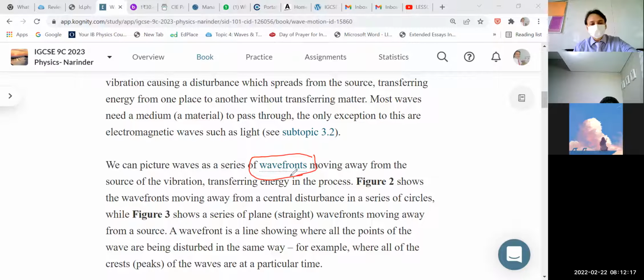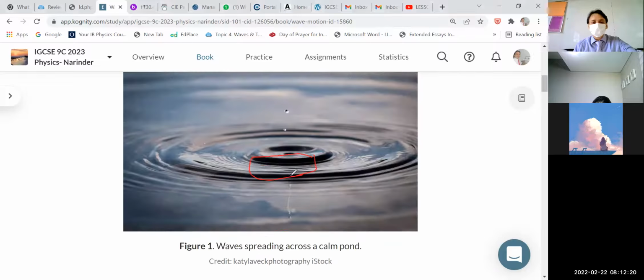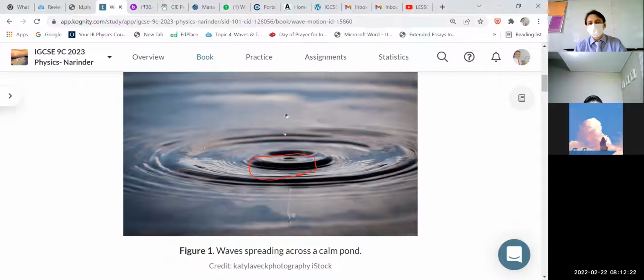If you look at this picture, please look at this picture, children, and then I will try to explain to you the meaning of wavefronts. When a stone, a pebble, is dropped in still water, a disturbance is generated, ripples are formed, and they move from one point to another point without disturbing the medium.